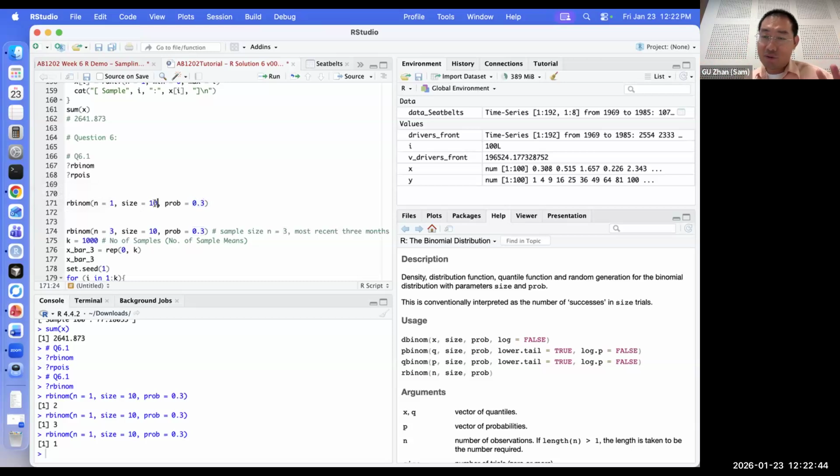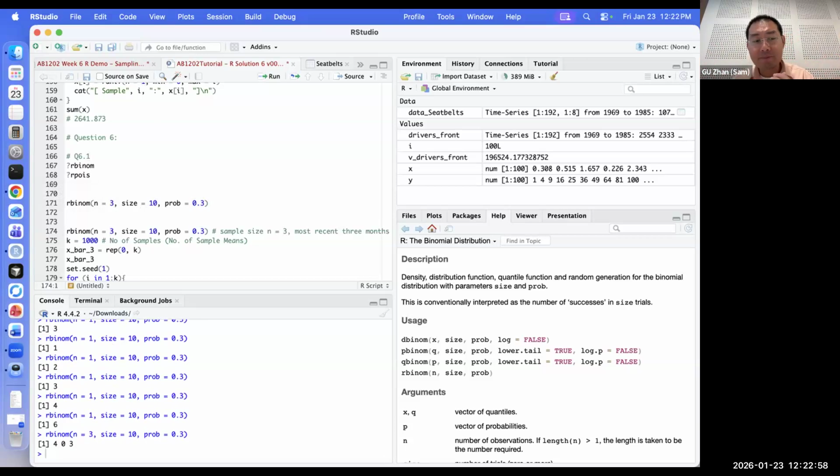They are all independent. This is month 1, then I want month 2 and month 3. So you can test n equal to 3, which means 3 months, and I get 3 numbers at the same time. The first month is 4, the second month is 0, the third month is 3. This is how we interpret it.